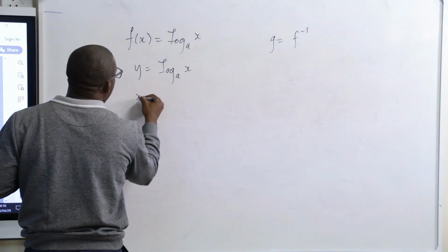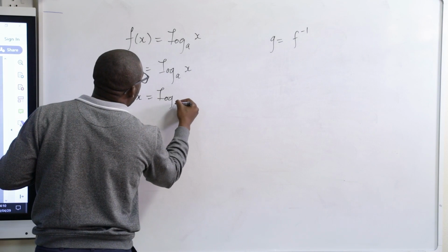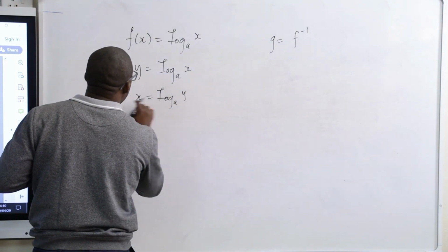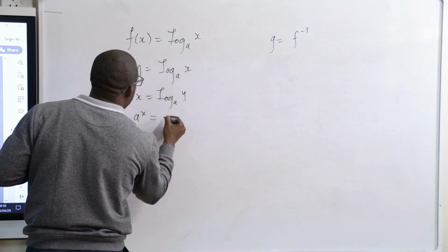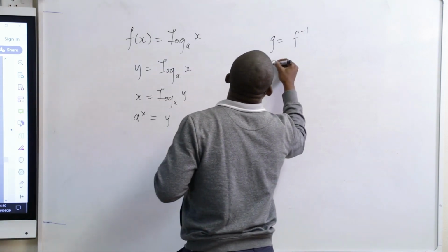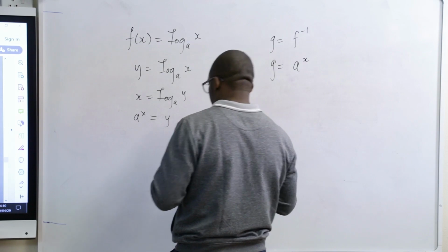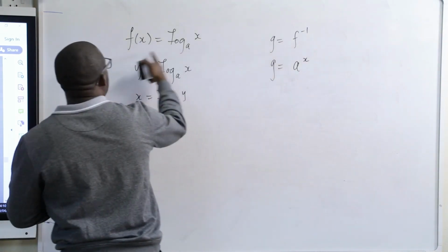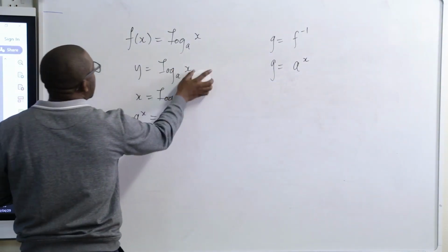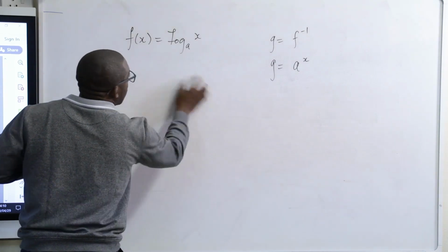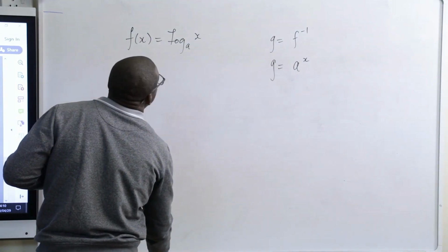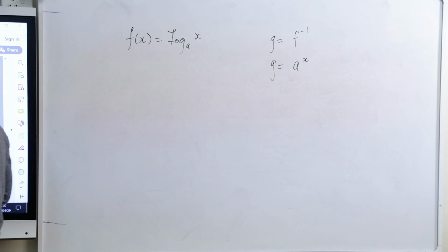Interchange x and y. x is equal to log to the base a of y. This means a to the x is equal to y. Therefore, g of x is equal to a to the x. This is me finding the inverse so that I can relate the two.